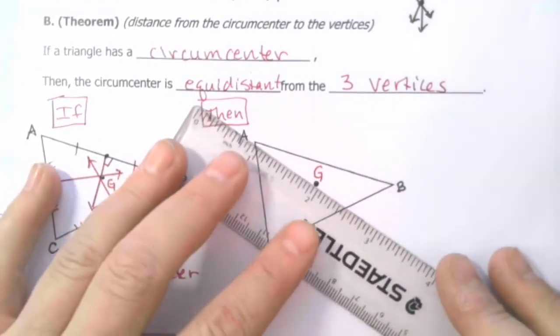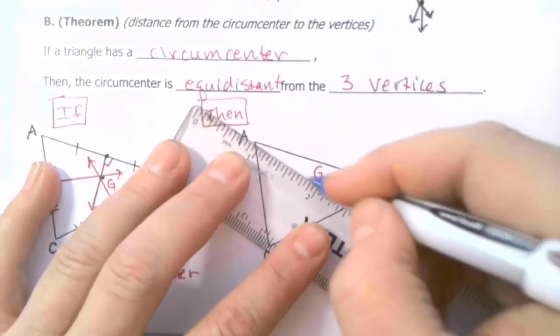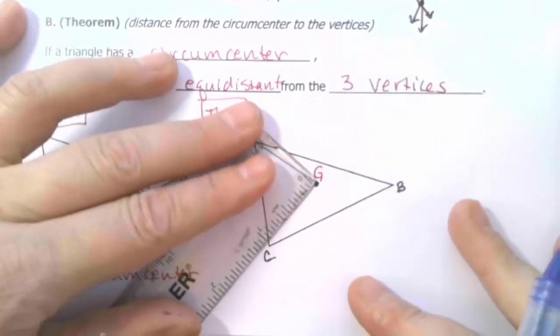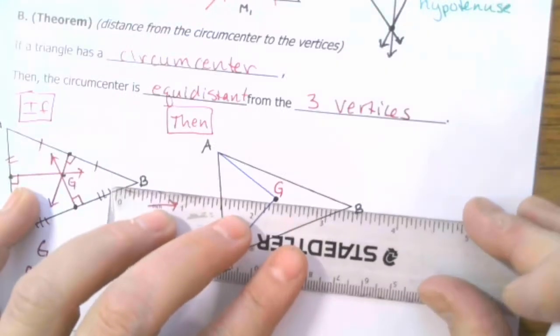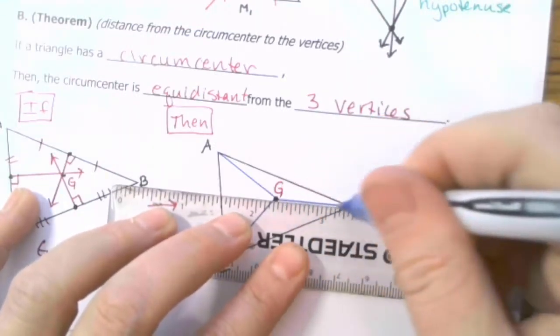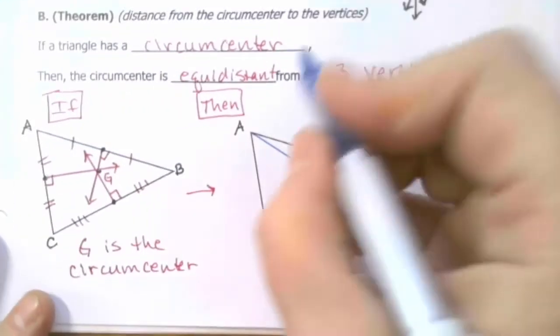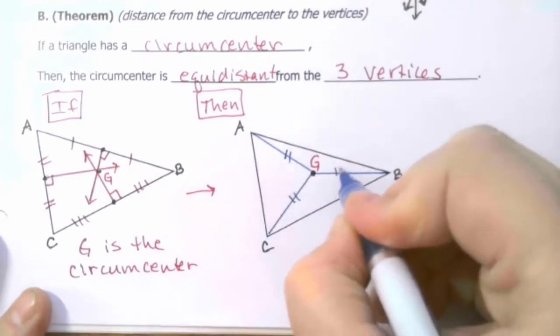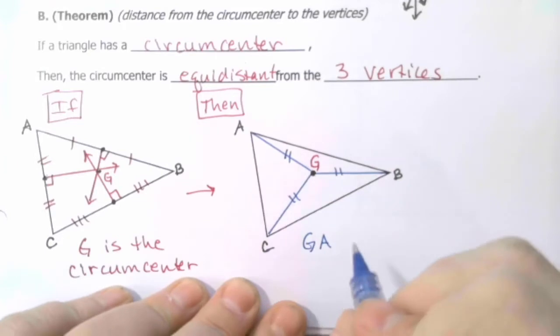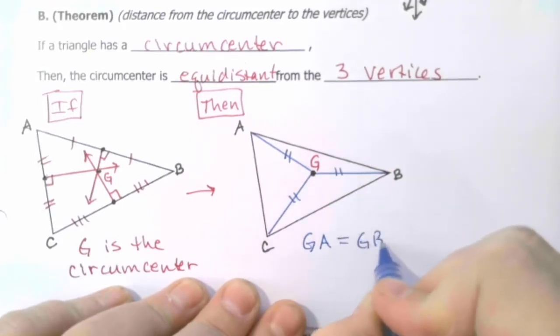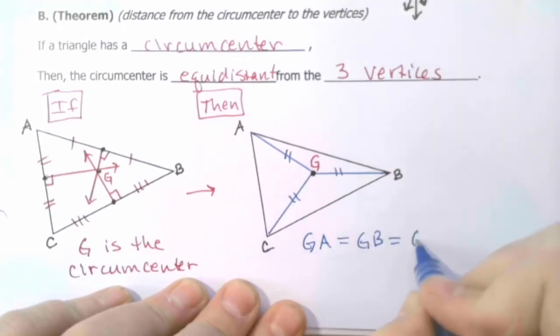So if I draw a line from G to A, and G to C, and G to B, those three distances are the same. So G to A, the length of GA is equal to the length of GB, which is equal to the length of GC.